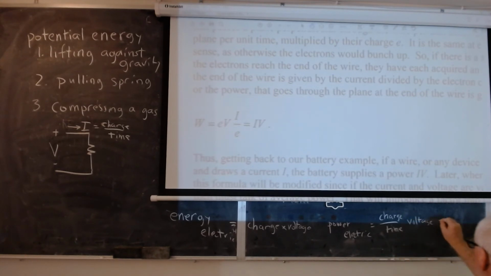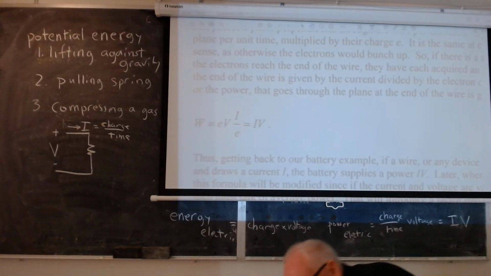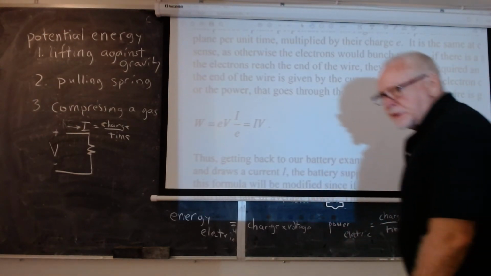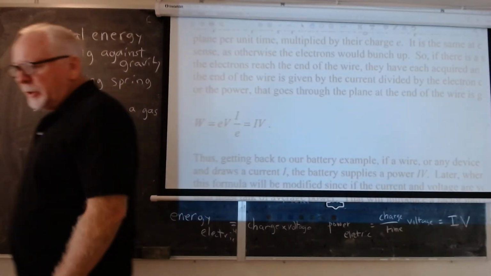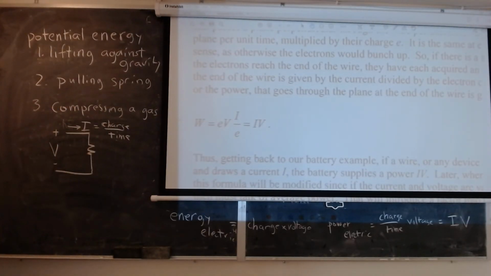But that's just IV. So the power in an electric current is given by the electric current times the voltage over which it's across.